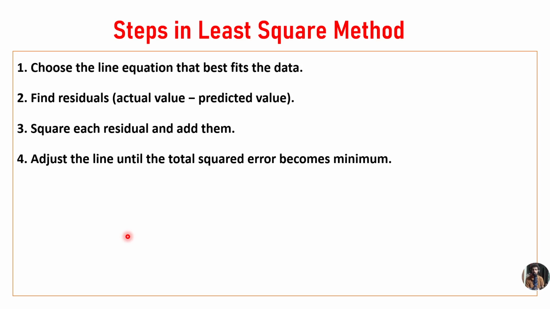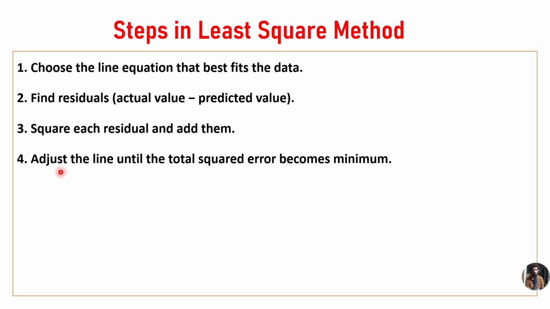Now, what are the steps required in order to perform the least square method? There are 4 steps. The first one is to choose the line equation that best fits the data. Second, find the residuals, which is the actual value minus the predicted value. Third, square each residual and add them.